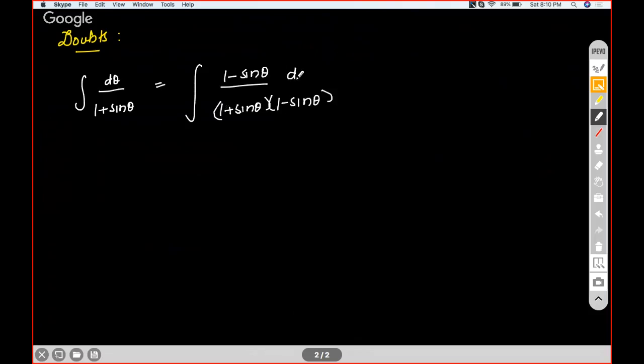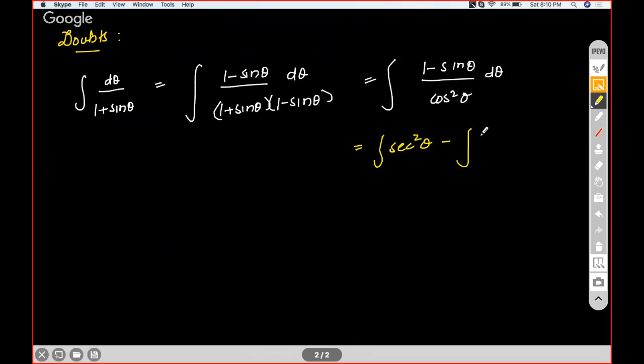So it makes it 1 minus sine theta by cos square theta. Then individually divide 1 and sine theta by cos square theta. It'll become secant square theta minus tan theta sec theta. The integration of sec square theta is tan theta, minus sec theta, plus c. This will be your answer.